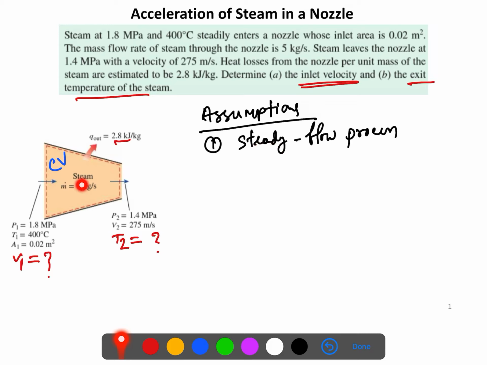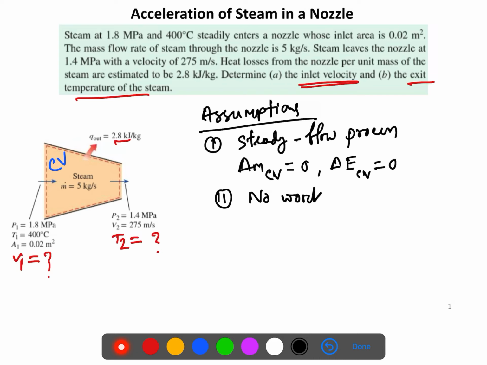The mass change inside the control volume is constant, that means 0. So delta M CV is 0. Similarly, the net energy change inside the control volume is 0. The second assumption is that there are no work interactions. So these are the two assumptions we have.